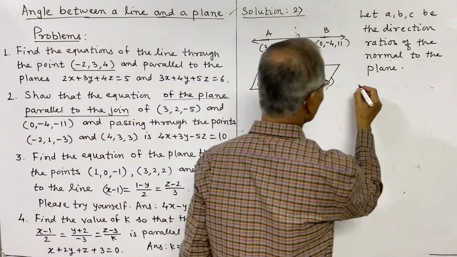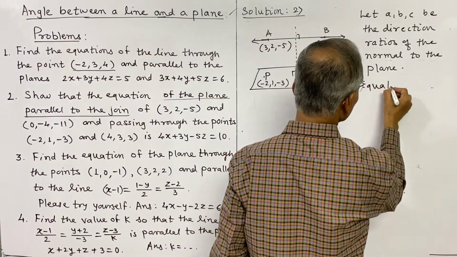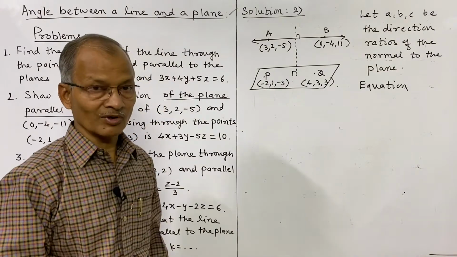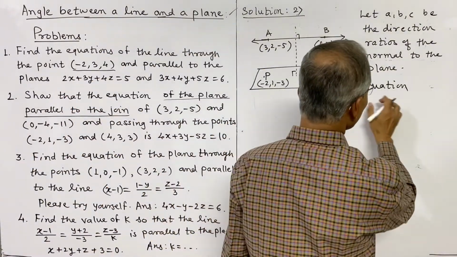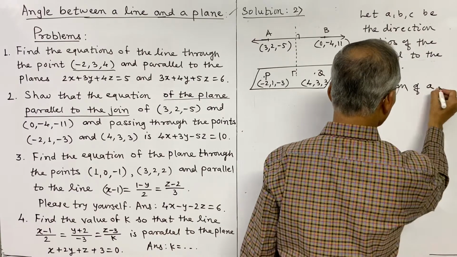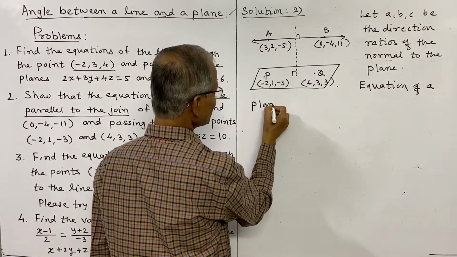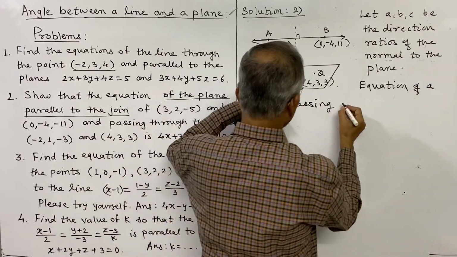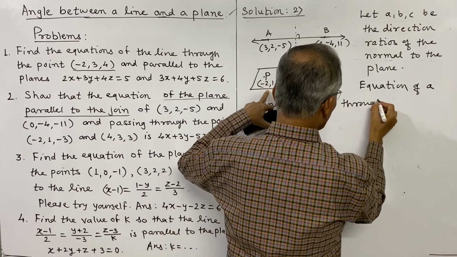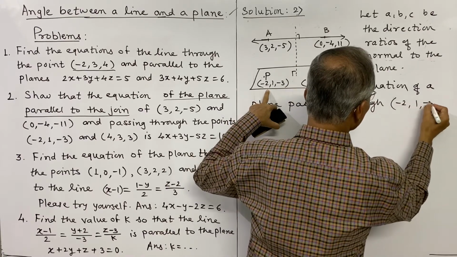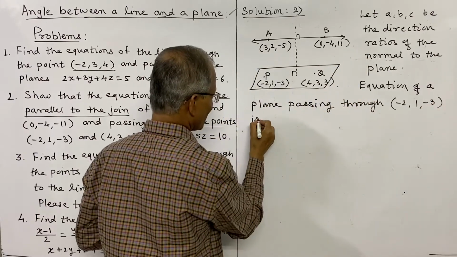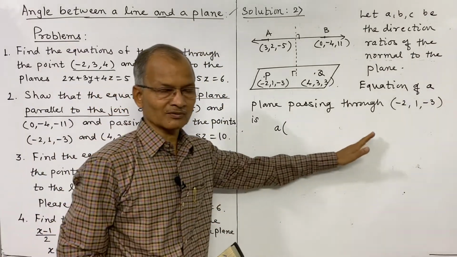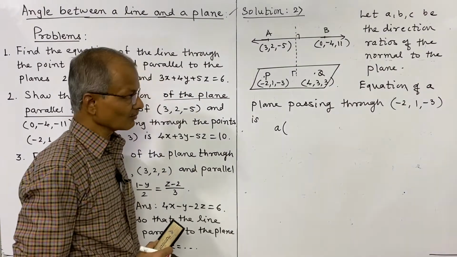Now, when we write the equation of a plane, it is singular, and when we write about a line, then it will be equations. That is to be noted. The equation of a plane passing through the point minus 2, 1, minus 3 we know how to write: a into x minus x1 plus b into y minus y1 plus c into z minus z1 is equal to 0.